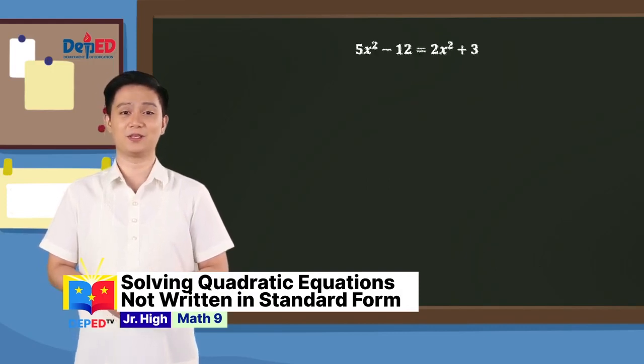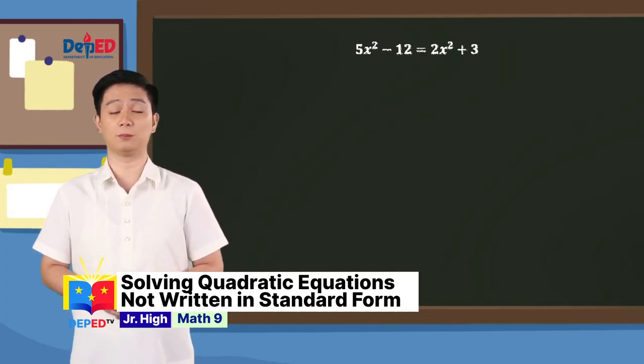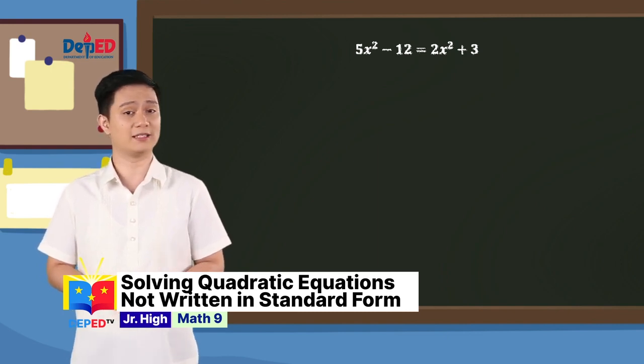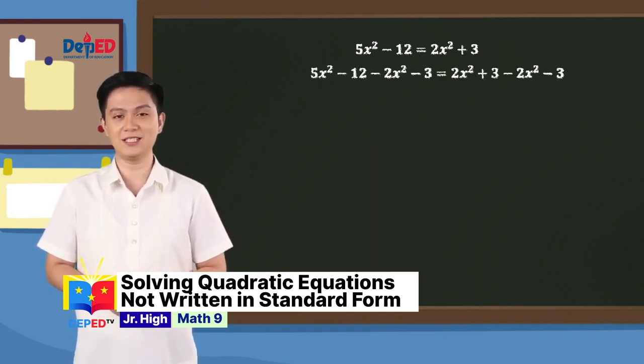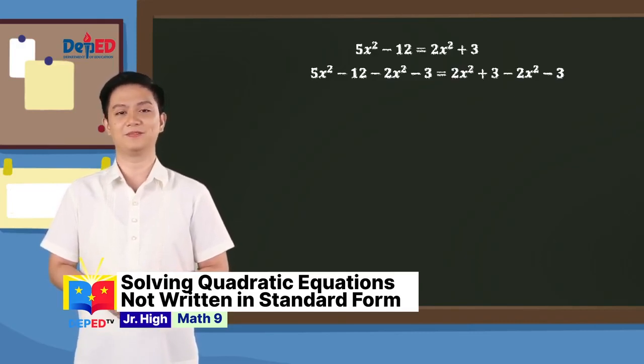Equation number 2, 5x squared minus 12 equals 2x squared plus 3. Here, we have nothing to multiply, so what do we do then? We must decrease both sides by 2x squared and by 3.